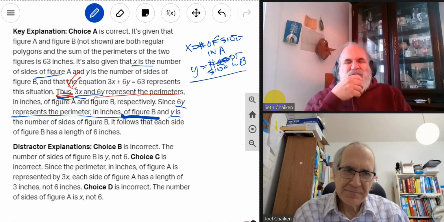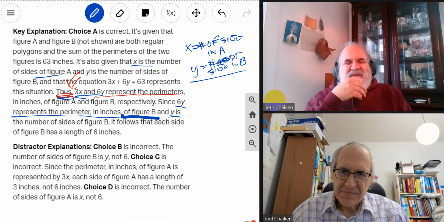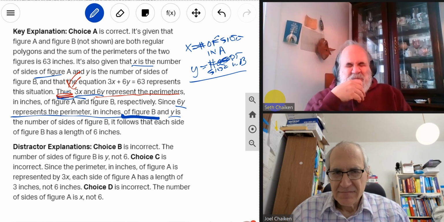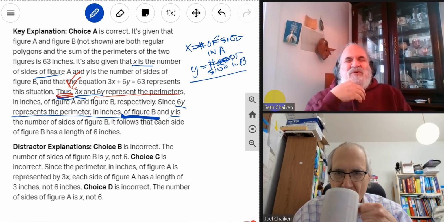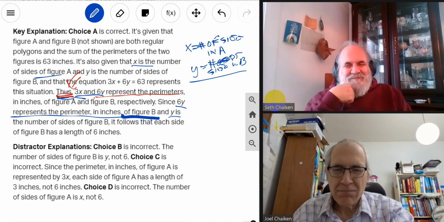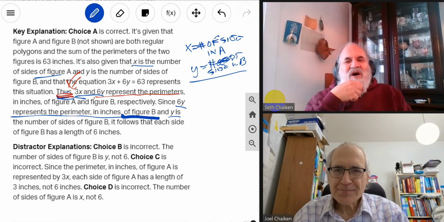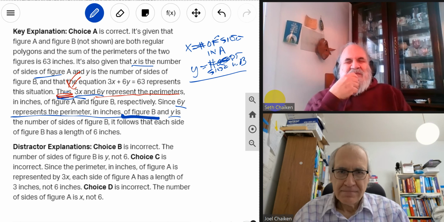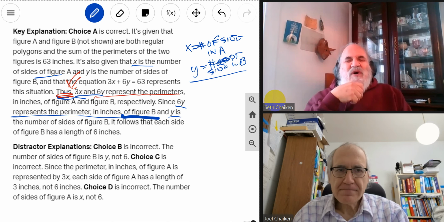Suppose there's a discount and a bonus. 3x might represent the perimeter of polygon A with a bonus of 10 added, and 6y is the perimeter of polygon B with a deduction of 10 subtracted.